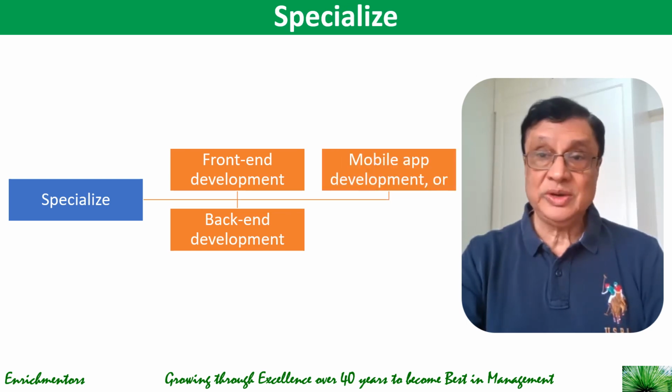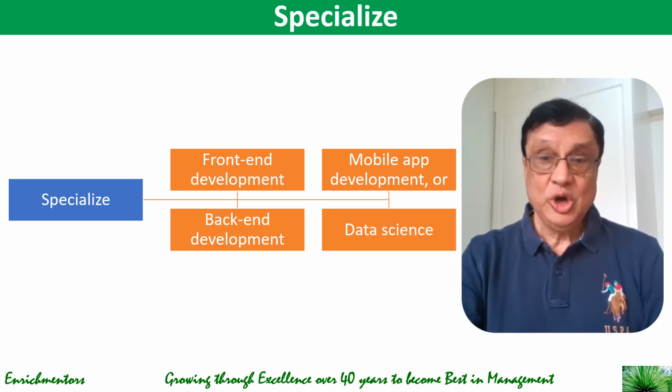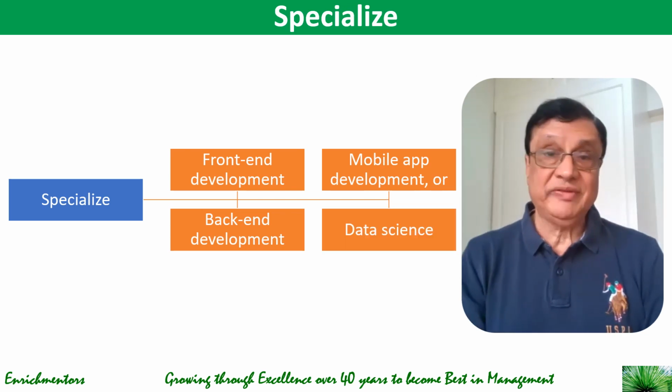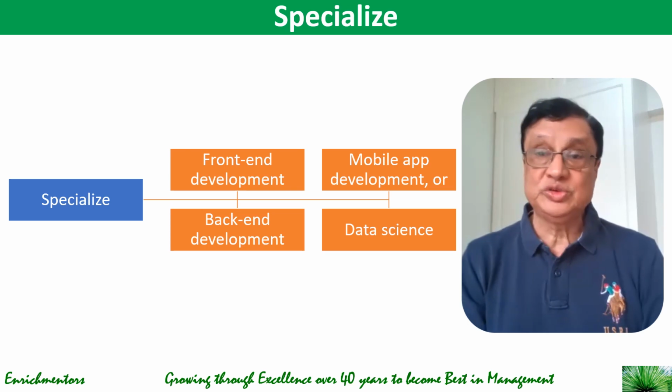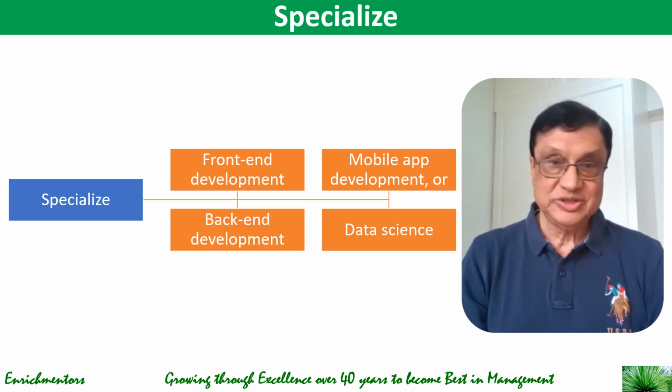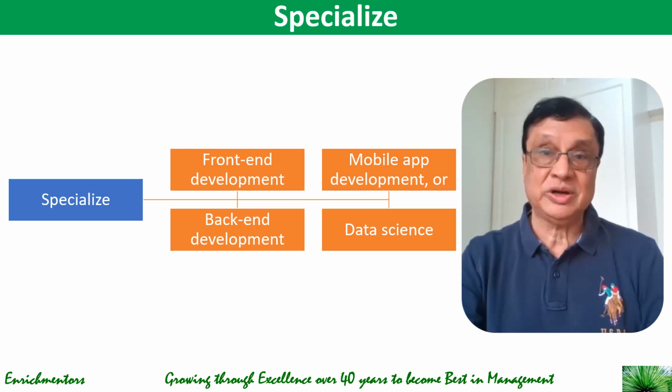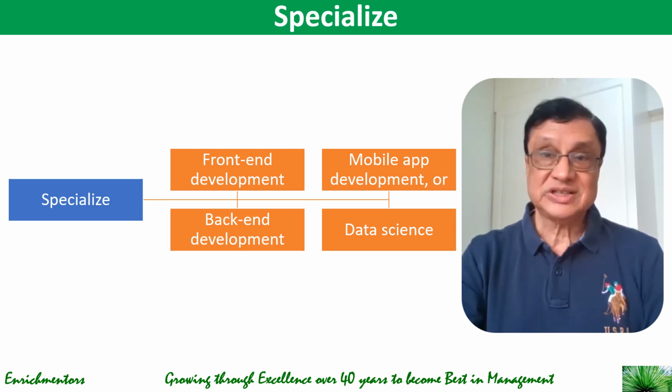You can also look at mobile app development as an area to specialize, or you can get into the much broader area of data science. This specialization will make you more attractive to certain job opportunities. So, specialization is important for you to become a successful software developer.